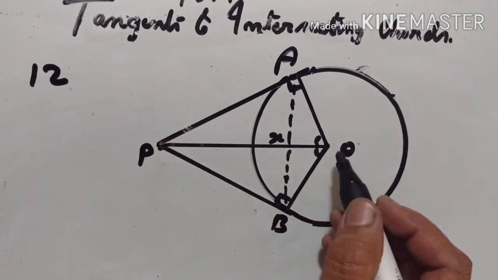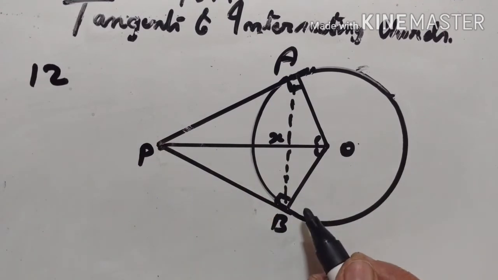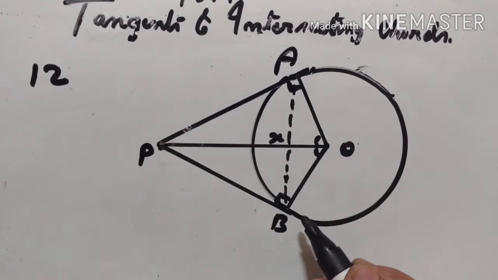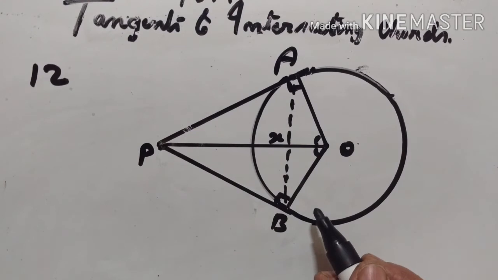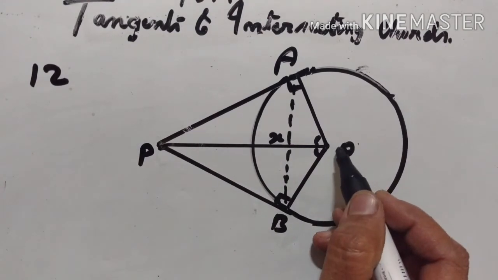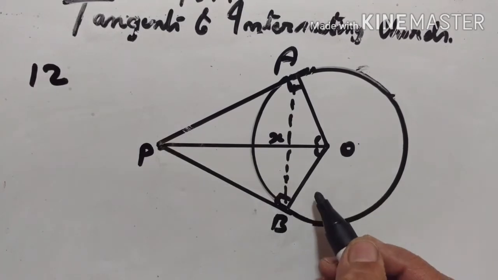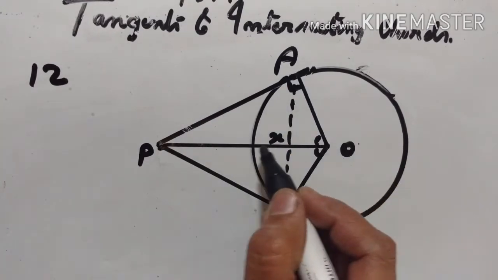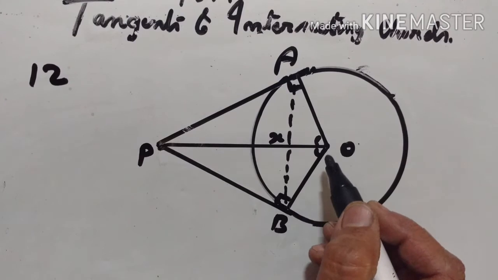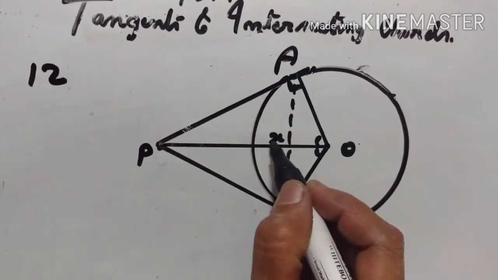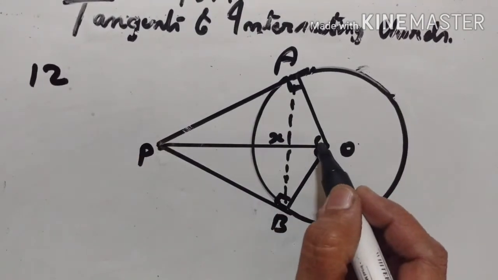Now we have to prove that OP is the perpendicular bisector of AB. Now in triangle OXA and triangle OXB, we have proved that angle AOP is equal to angle BOP. That means angle AOX is equal to angle BOX.